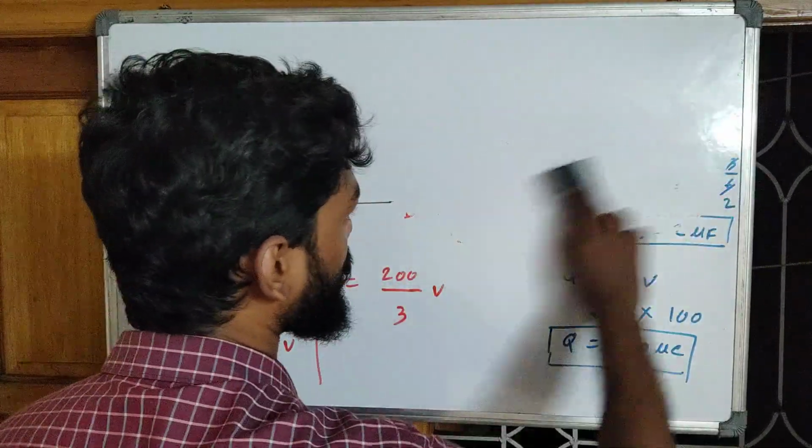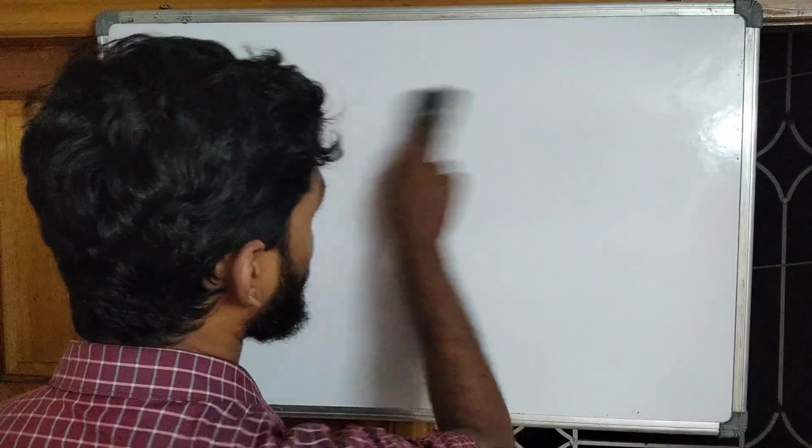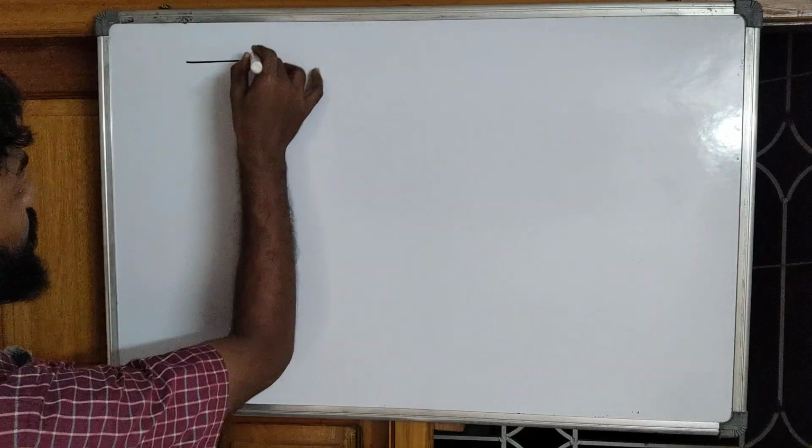Pico means 10 to the minus 12. I guess you have learned all this in class 11 itself in chemistry: pico, nano and angstrom, these are some basics. So C1 equals 3, C2 equals 2. Calculate the equivalent capacitance in the given network. And the given network is like this.